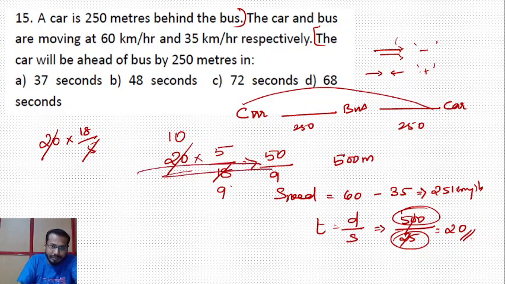Sorry. This is wrong. So 5, it was 4 times. 18 into 4 is 72. That's the right answer. The only thing is the conversion.